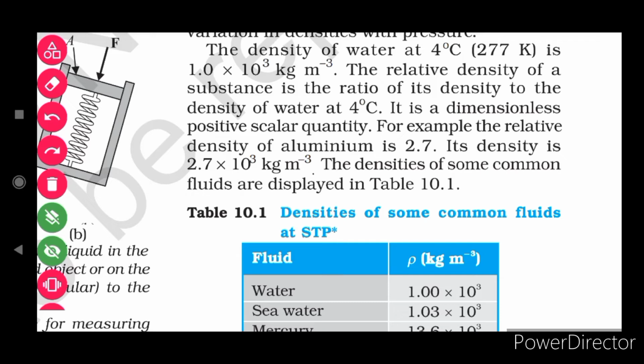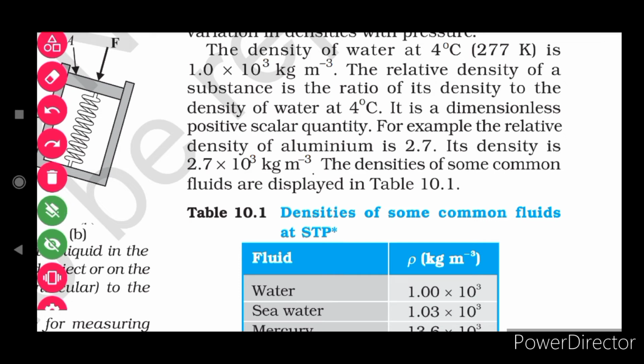Water at 4 degrees Celsius. So what is the relative density of aluminium? The relative density of aluminium will be 2.7. Why? Just divide the density of aluminium by the density of water.